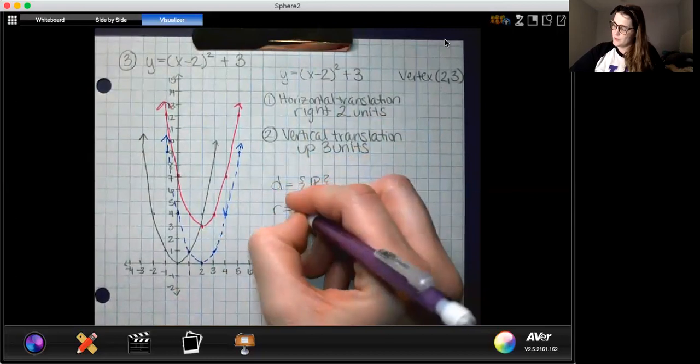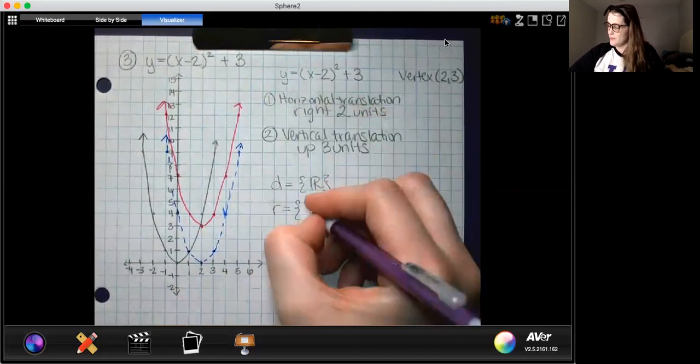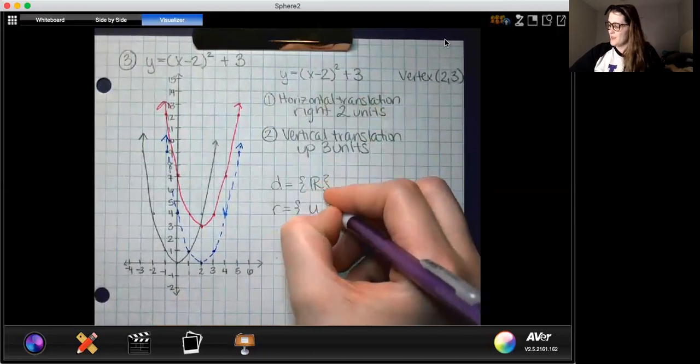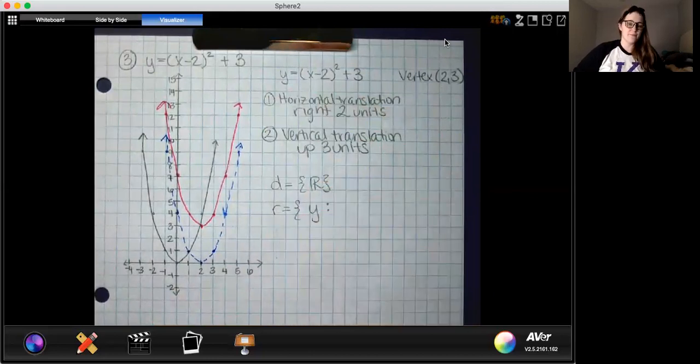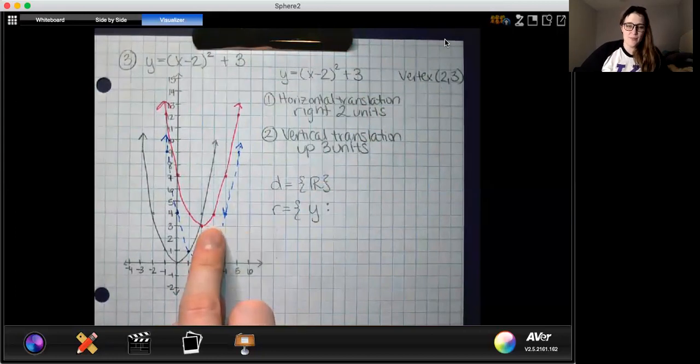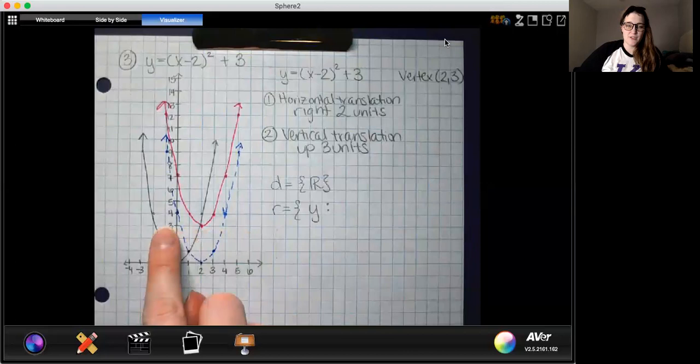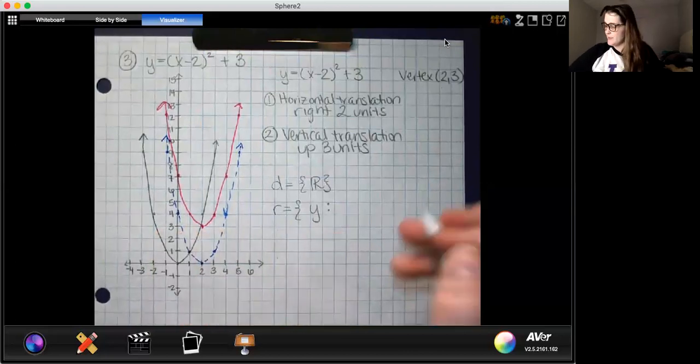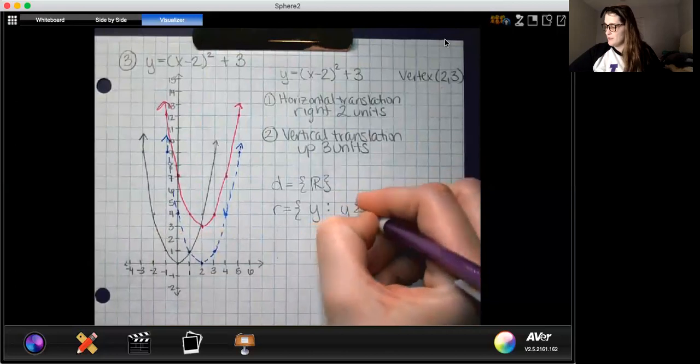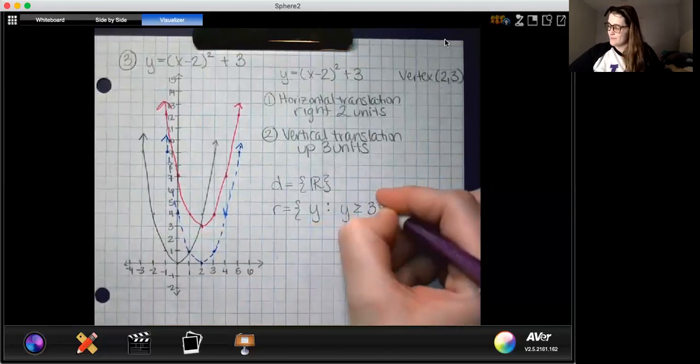So range, we set it up with our y value. Now, what is our restriction on y? So looking at our final answer, which is the pink answer, we don't have any values that are less than positive 3. So that means that y must be greater than or equal to 3.